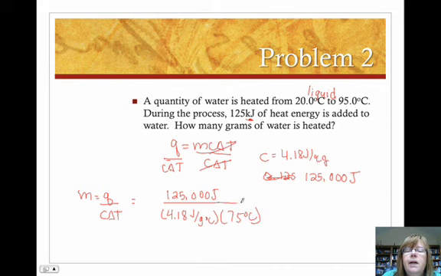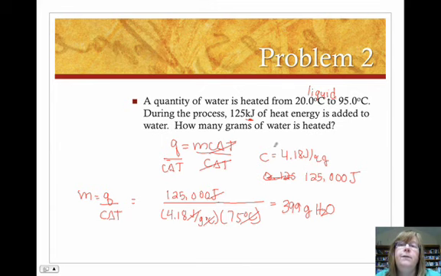Our units are all going to cancel nicely. See, the joules and the joules and our degrees cancel, and we will be left with the unit grams. And make sure you do this on your calculator. You're going to need to do 125,000 divided by parentheses 4.18 times 75. And let's see, this answer I come up with is 399 grams of water. So we've just used our equation, and this time we solved for the M.